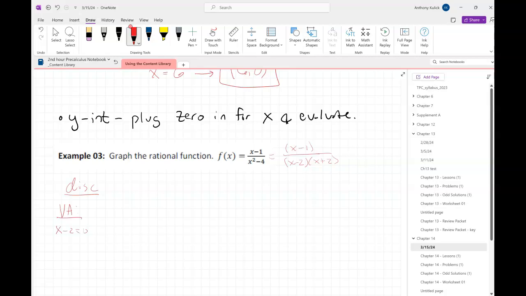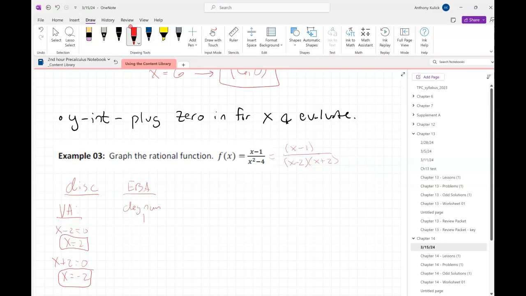So to find those, I'm just going to take each factor from the denominator, set it equal to 0, and solve. Cool there. Next thing I'm going to do is find my end behavior asymptote. What's the degree of the numerator?